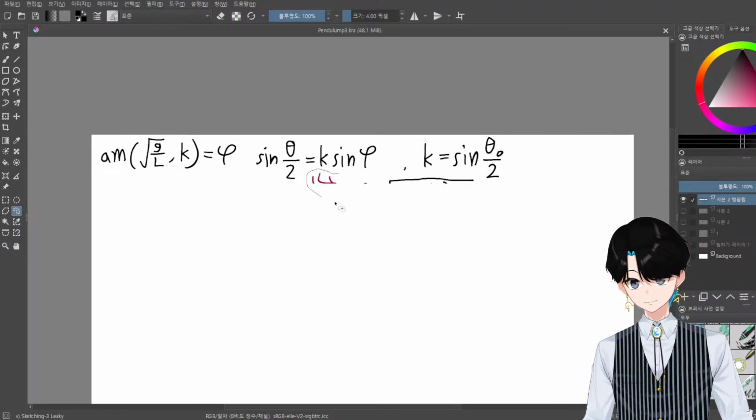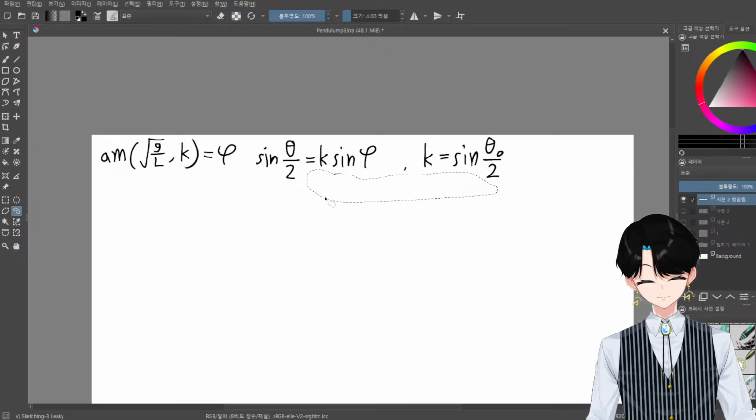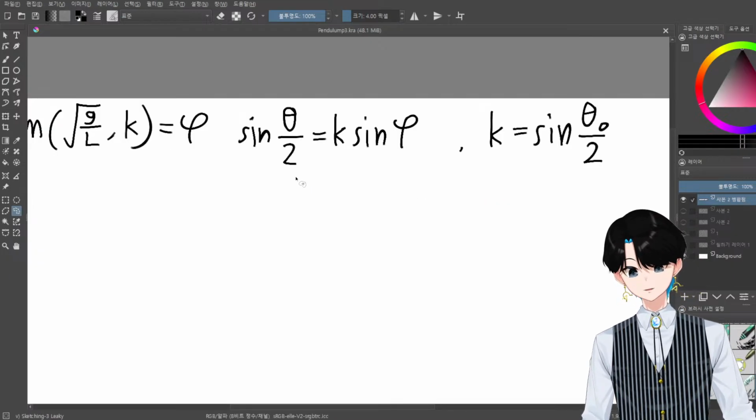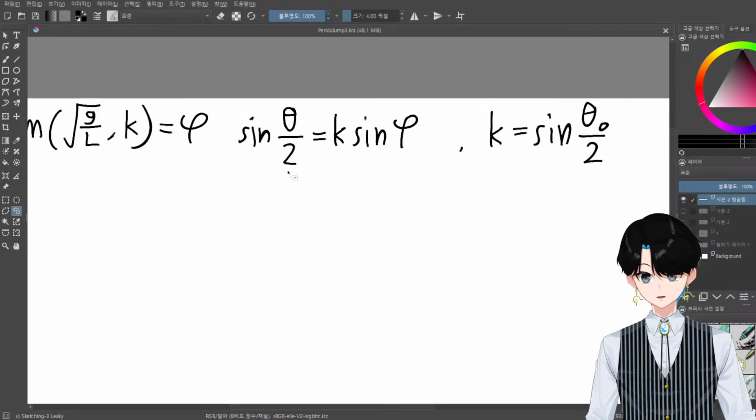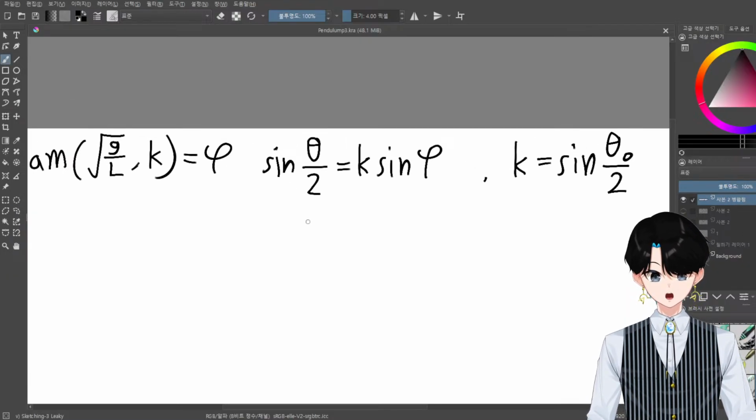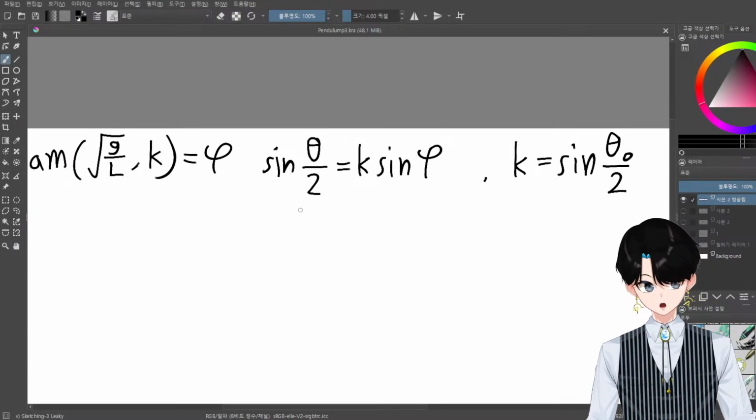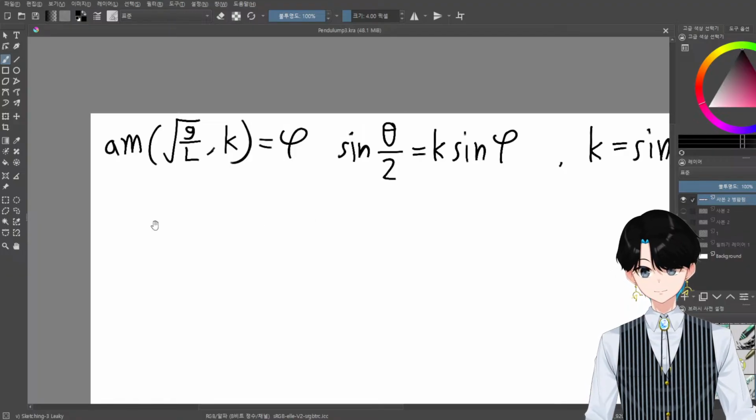We have the Jacobi amplitude. And we actually made a substitution with this right here. And this is actually our advantage.